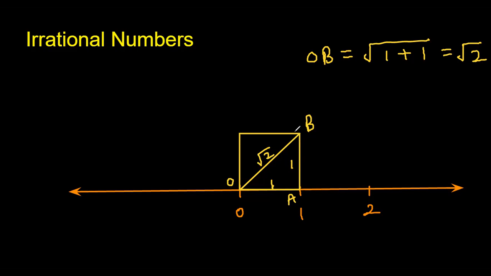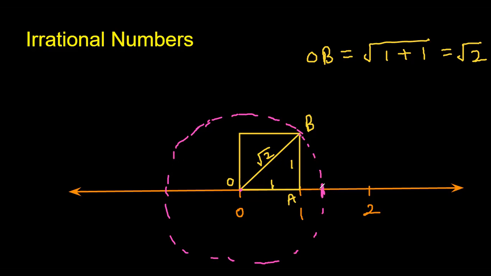Now, if we draw a circle taking center as O and OB as radius, that circle would look somewhat like this, but we are interested in this point over here.